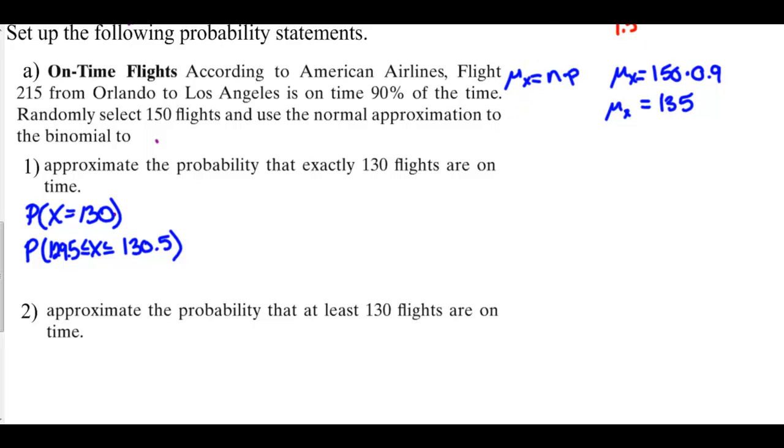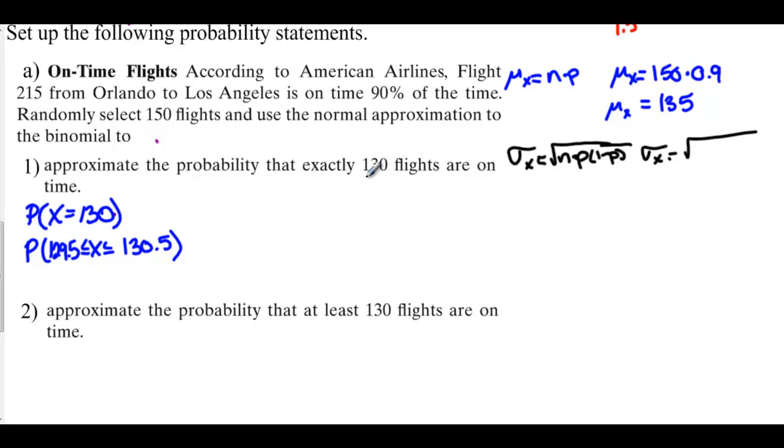And then we also want to do the standard deviation. So the standard deviation is the square root of n times p times 1 minus p. So that's going to be the square root. The n is what? It's 150.